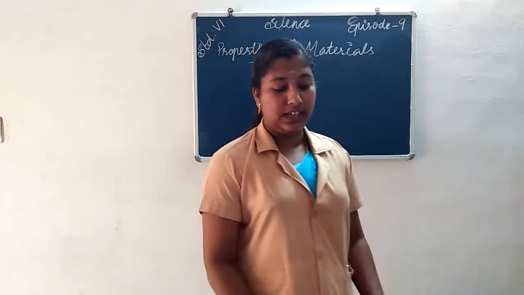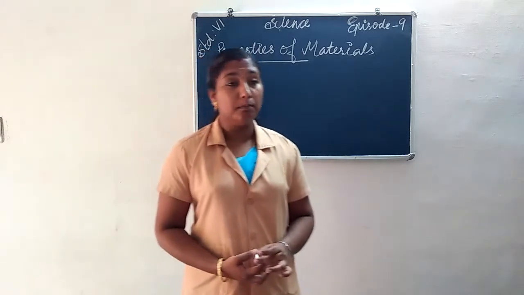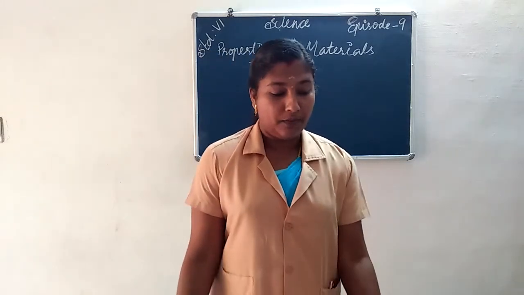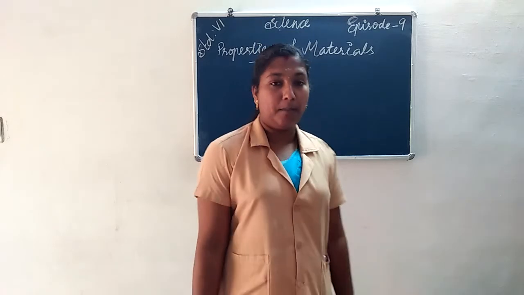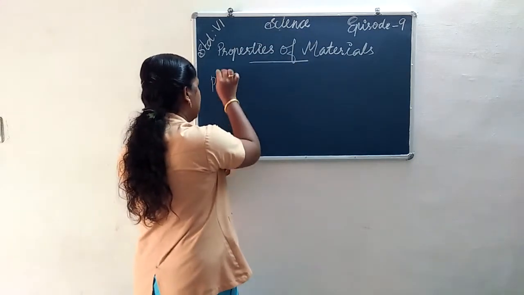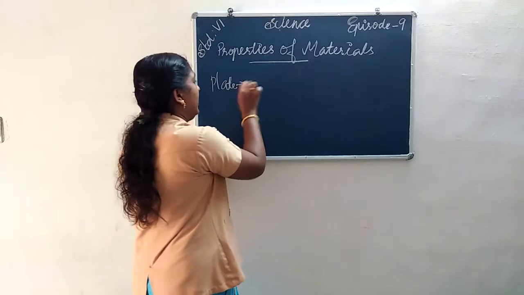We know that objects and materials are made up of different things. For example, a plate.